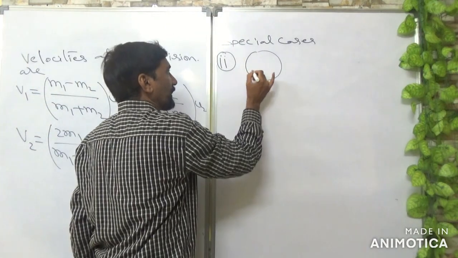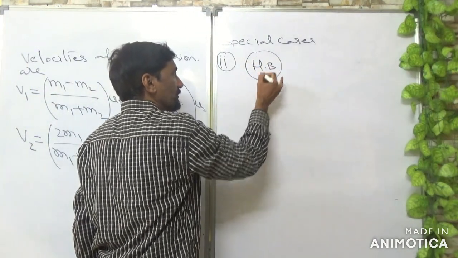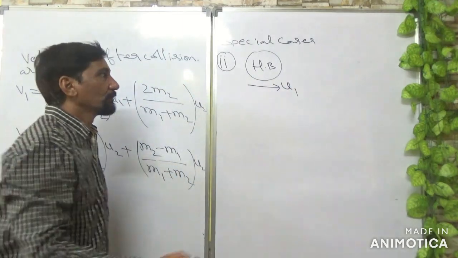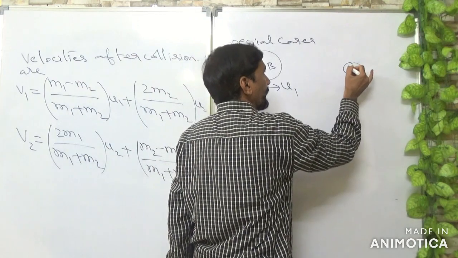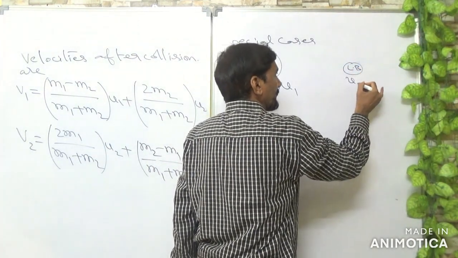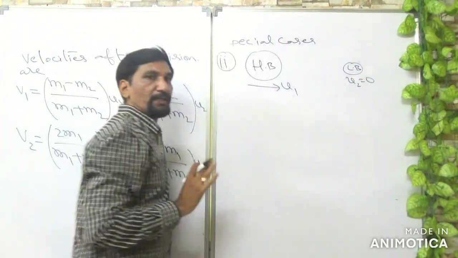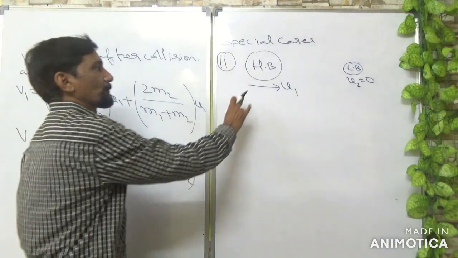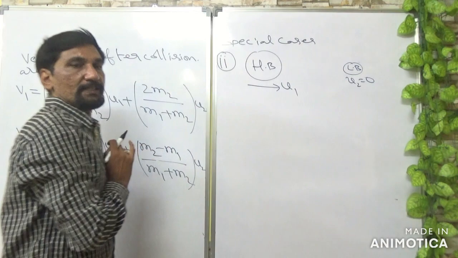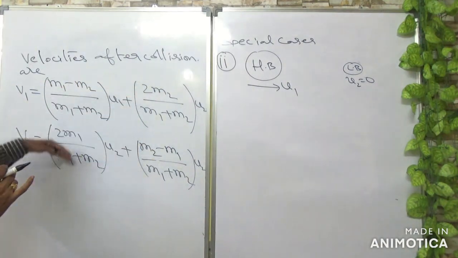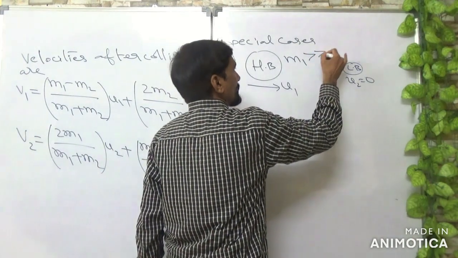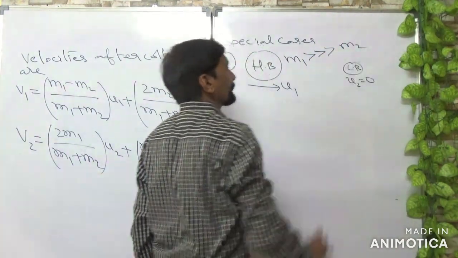So I am taking one heavier body which is moving with velocity say u1, and a lighter body at rest, means it is not moving. Now substitute this in the formulas. Here, m1 is very much greater than m2.